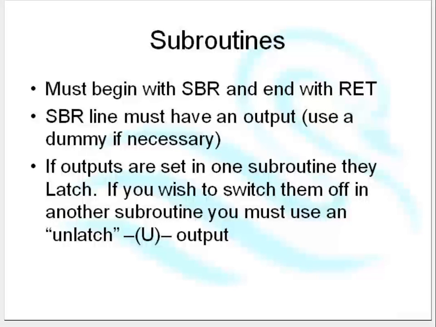You must begin with subroutine and end with return. On ladder, because ladder's a piece of crap, every line on ladder must have an output. So if you've got subroutine on one line in ladder, I've also got to have some kind of output. Quite often you can use just a dummy output.